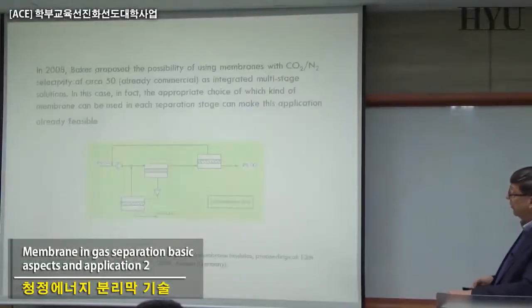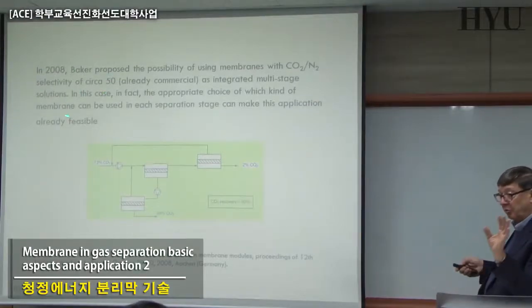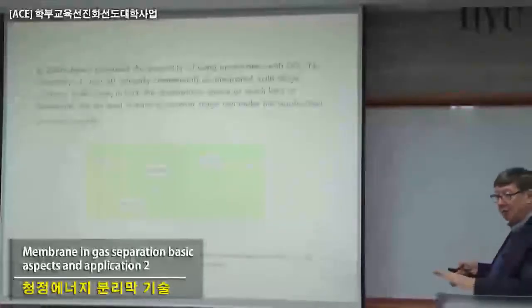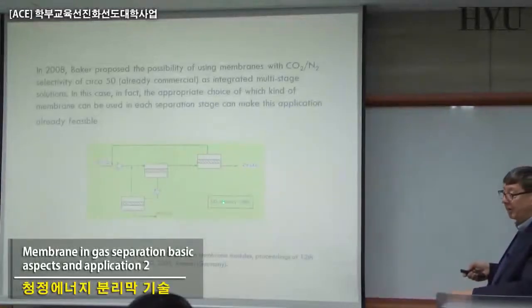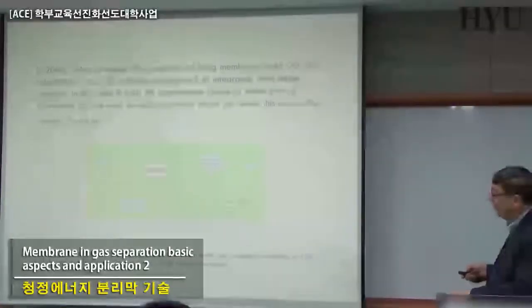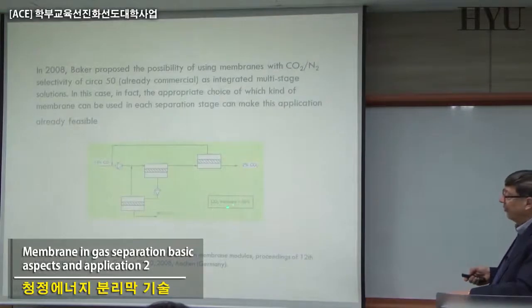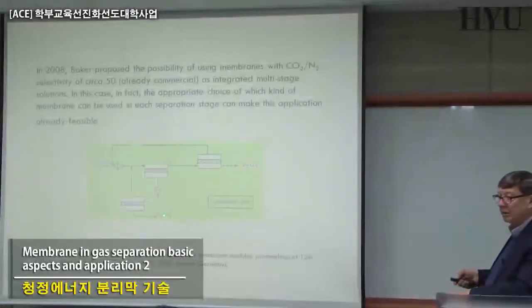And so here is the case where new membranes are necessary. Already years ago, Richard Baker analyzed all this, the logic I mentioned before: what can we do with the existing membrane through engineering? He was already offering a system for the recovery of about 90% of CO2 with a quite interesting level of purity, in this case no less than 2% CO2 in one of the separations, and here about 90% recovery.